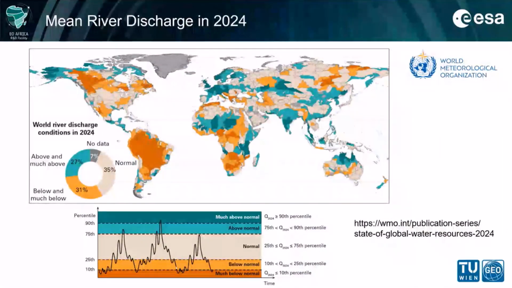And if it's the reddish colors down here, then it was much below average discharge. We can see that actually most of the catchments show normal conditions, but the number of catchments with above or below average conditions is quite large.